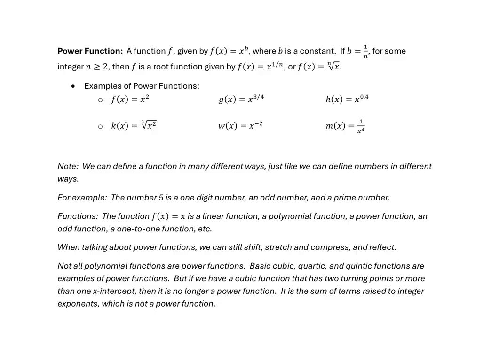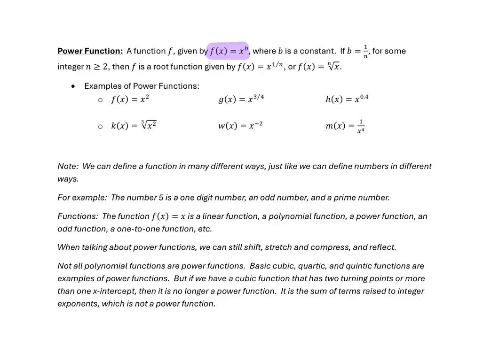All right, the next thing that we want to talk about is something called a power function. A power function is a function given by the formula f of x equals x raised to the b, where b is a constant. There are no restrictions on b except that it has to be a number.